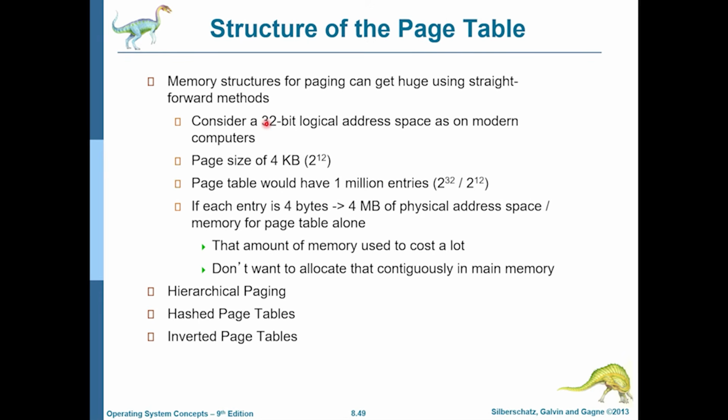So there is no point in allocating all the pages to them; we only map some of them and have invalid bits set for the rest of the page table entries. So we don't need 4 megabytes of page table entries for most processes. We can start with a smaller number of page table entries and keep on growing when we need more. So the simple kind of paging that we saw will always need all the pages mapped at any one point of time.